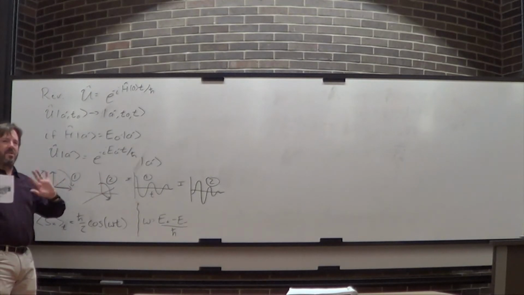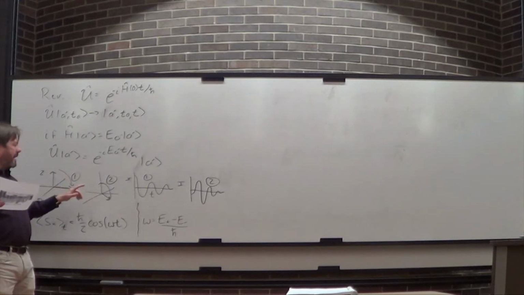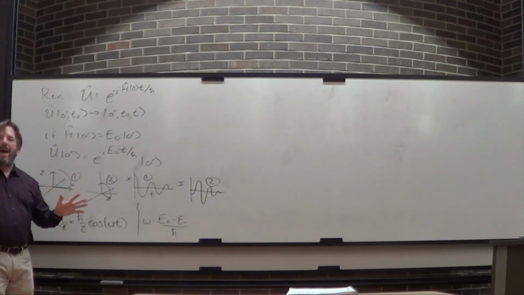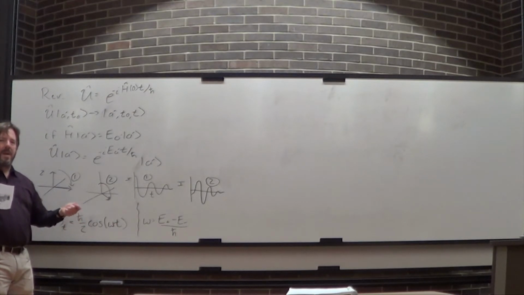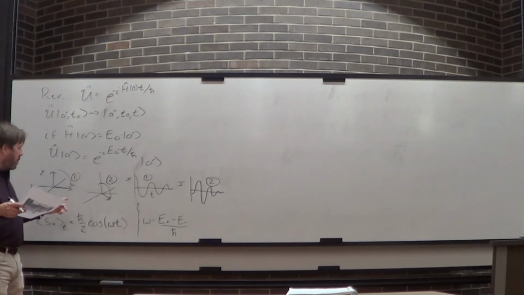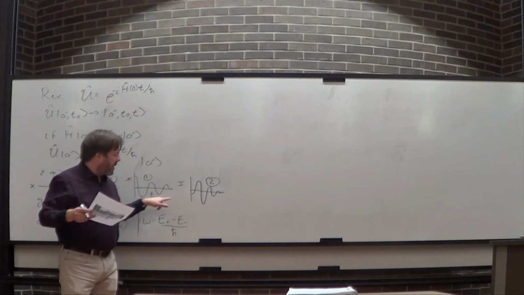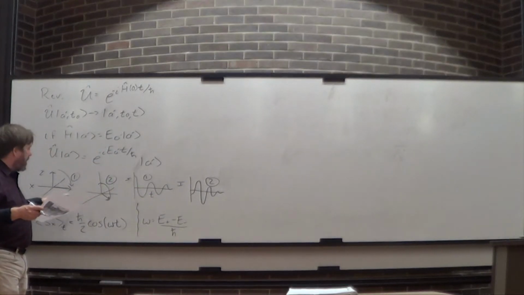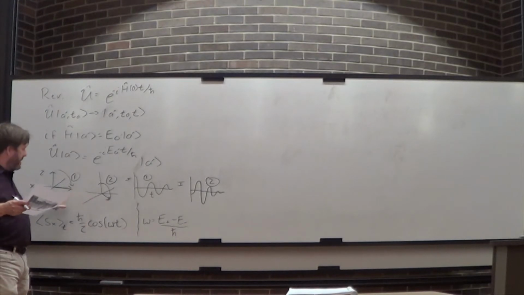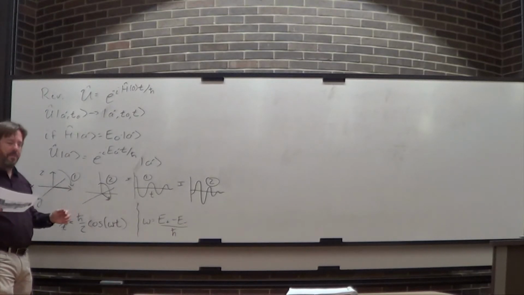You can inject it many, many ways and start talking about it, but it never really matters because e to the i whatever, when you're looking at an observable, the observables always wipe out imaginary stuff. So e to the i whatever turns into the number 1. So when I Fourier transform these, I'm going to get the same spectrum. So the fact that these have a different phase just doesn't matter.